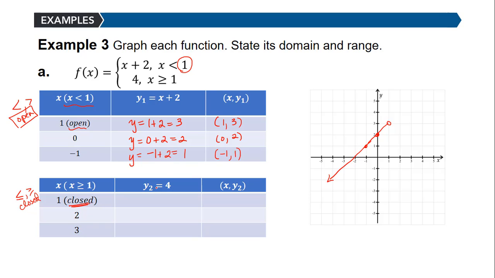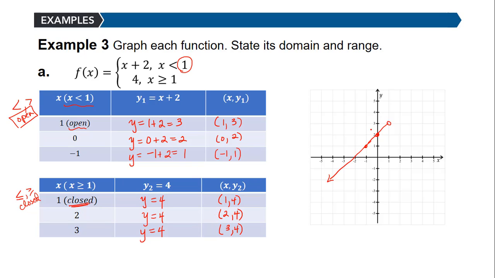My y value, though, for these particular pieces of x is just 4, right? So y is equal to 4 when x is equal to 1. y is equal to 4 when x is equal to 2. y is equal to 4 when x is equal to 3. So the corresponding ordered pairs are 1, 4, 2, 4, and 3, 4.